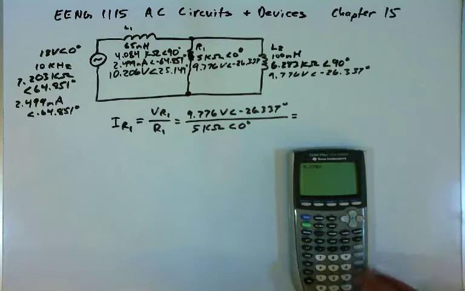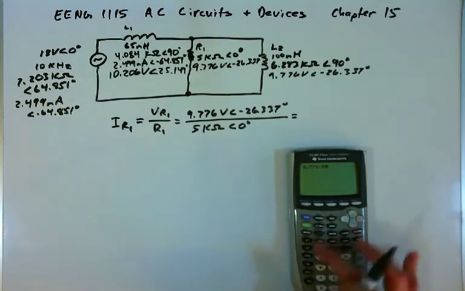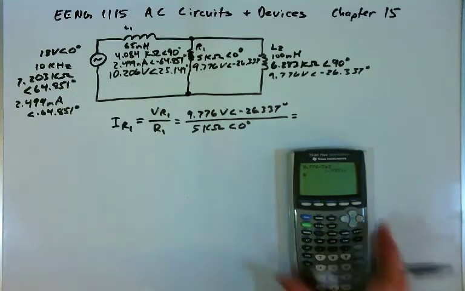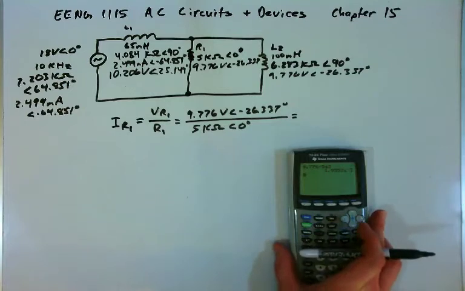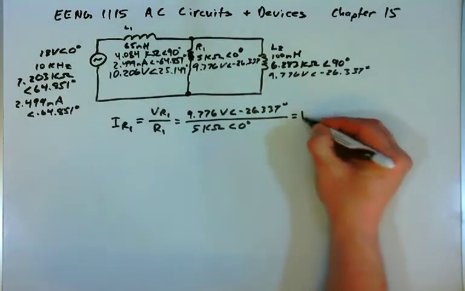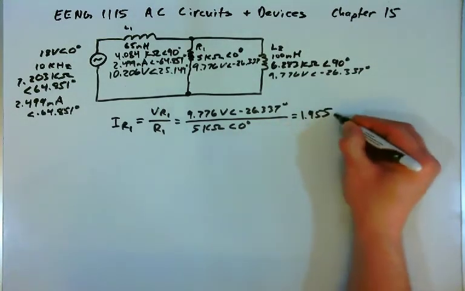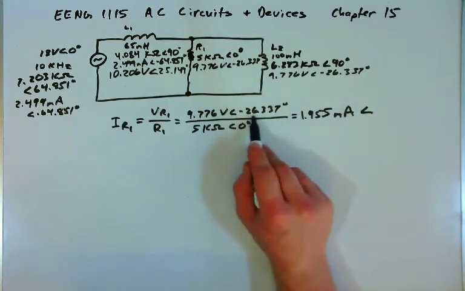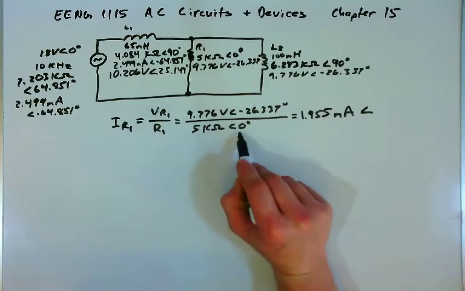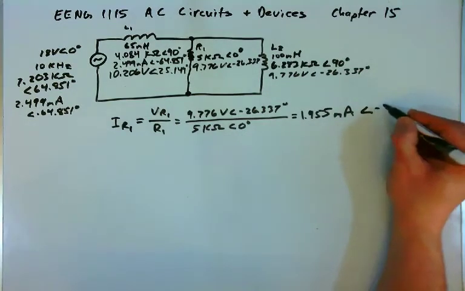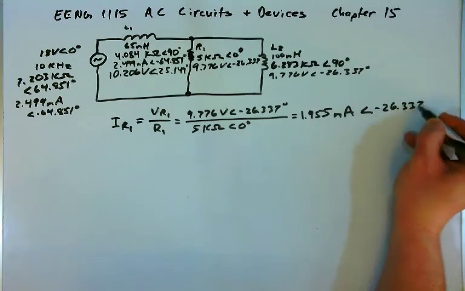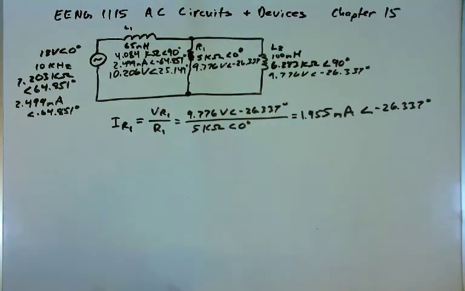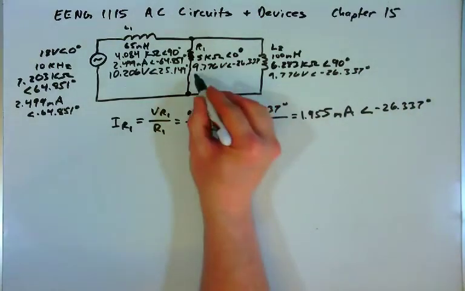So we have 9.776 volts divided by 5 kilo ohms, and we get 1.955 milliamps. And in the angles we subtract negative 26.337 minus 0 is still just negative 26.337 degrees.